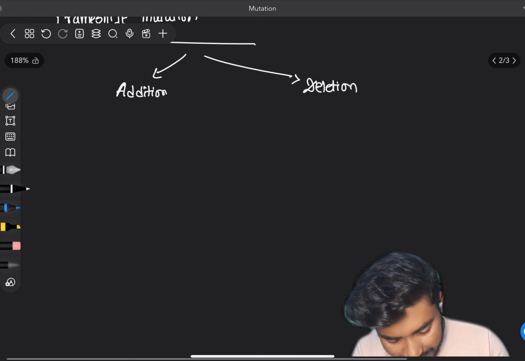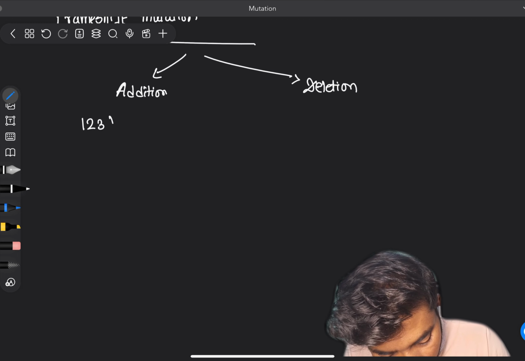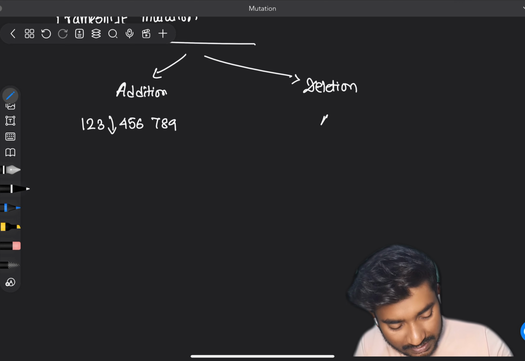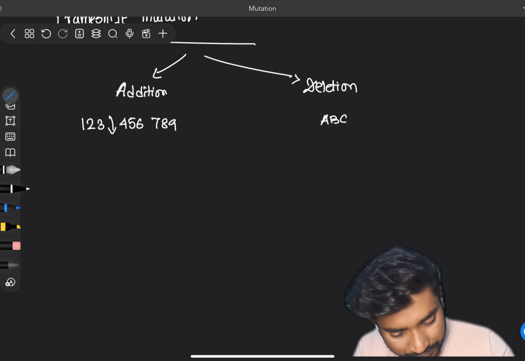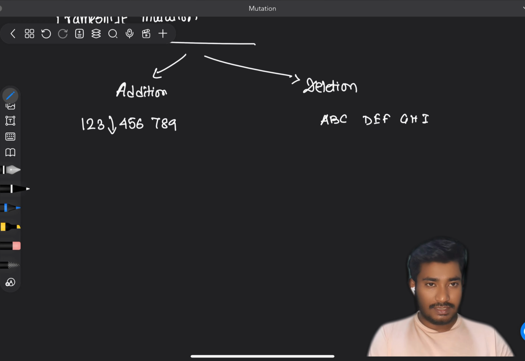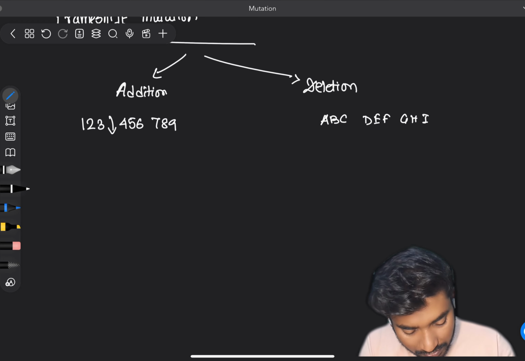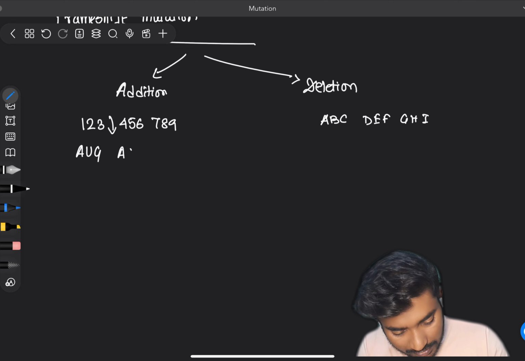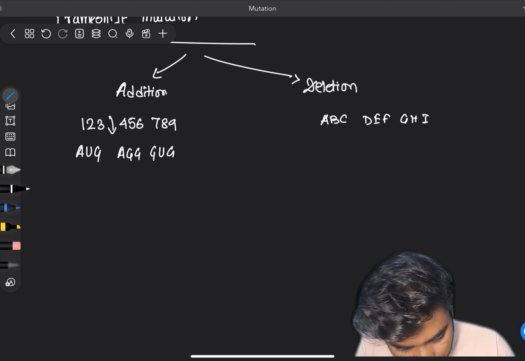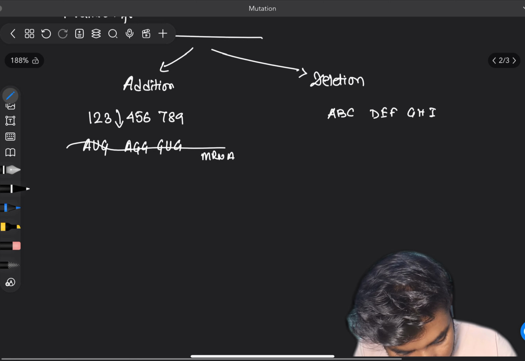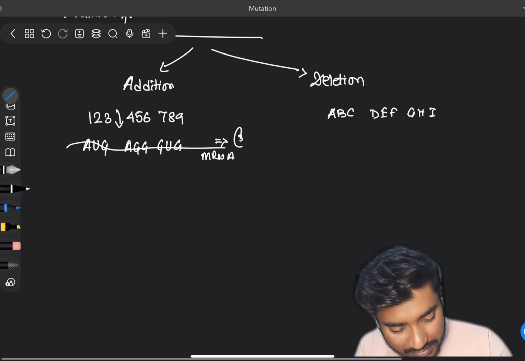Now, in case of addition, numbering 1 to 9, if we write A, B, C, D, E, F, G, H, I, it is just for an example. Now 1, 2, 3 we write as AUG, AGG and GUG in the mRNA. The third row is the amino acid.